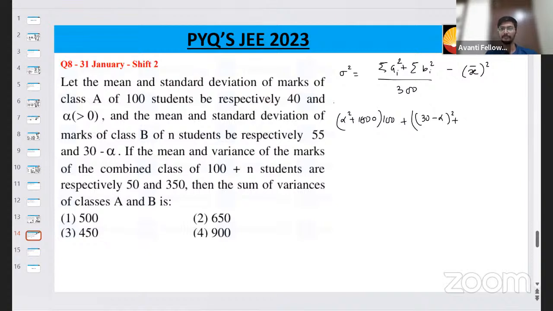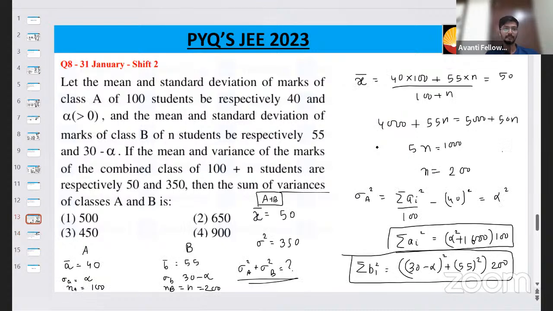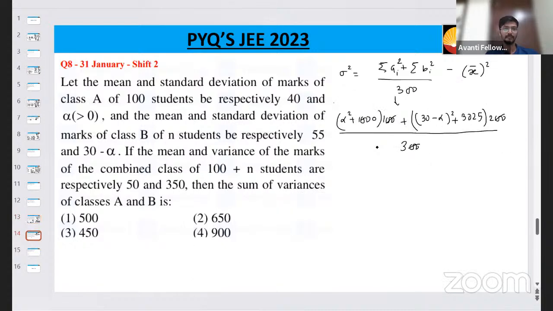It is 3025 into 200 upon 300 is the value of this, right? So we can cancel out this, and sigma square is given as 350.